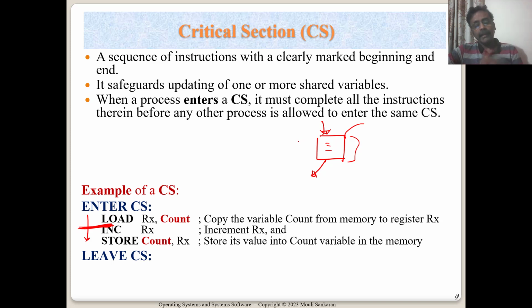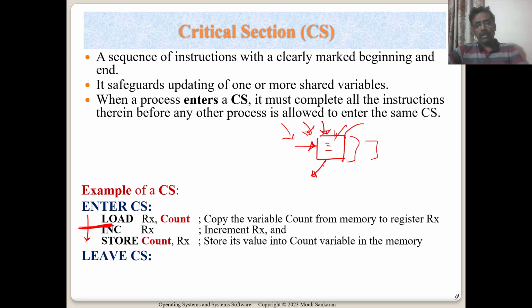What will be the impact? Other processes trying to enter the critical section will be waiting for a longer duration. So that's one issue. And there may be many processes trying to do it, so you need to make sure that the critical section is short and sweet. And what are the other precautions? The process which is entering the critical section should not sleep there, right?